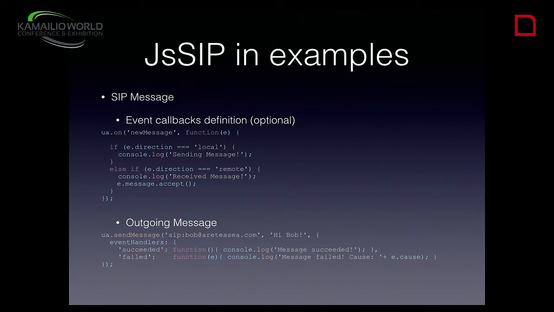And for outgoing and incoming messages, we can set a callback, which is a new message. There we can check whether the message is an outgoing one or an incoming message. We can check the receiver, the content, inspect the SIP headers, and then accept it, which is done by default. This is not even needed. Or we can reject it with a custom response and reason phrase.